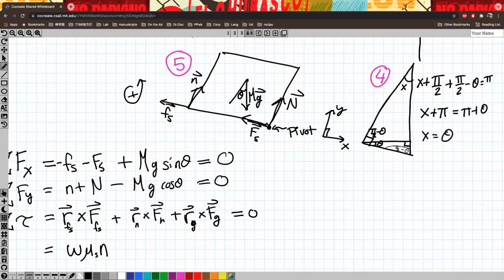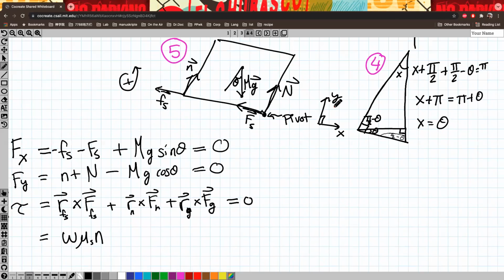Or is it going to cause it to rotate at all? So let's draw it. We have the pivot and the distance vector r from the pivot to the force. And the force is just in the same direction. So this is Fs.